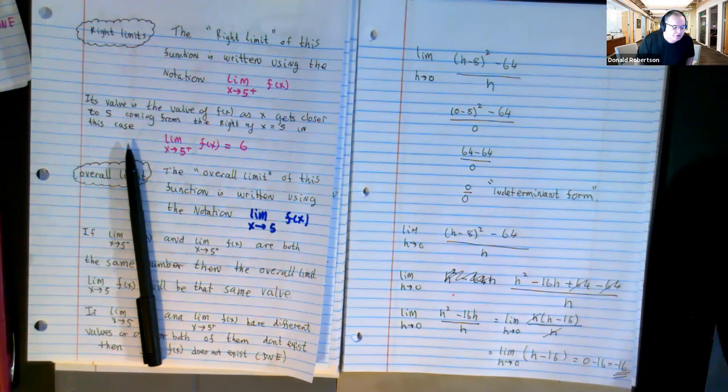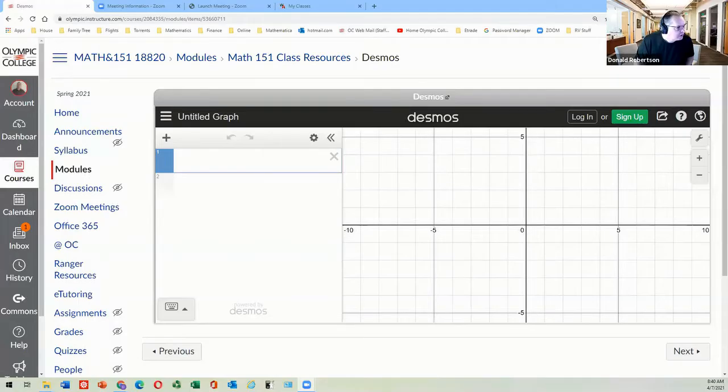Okay, it takes a few seconds to get into the right place. There we go. I'll close this off now. I'll go back in and let's see. Hopefully, are you looking at Desmos?